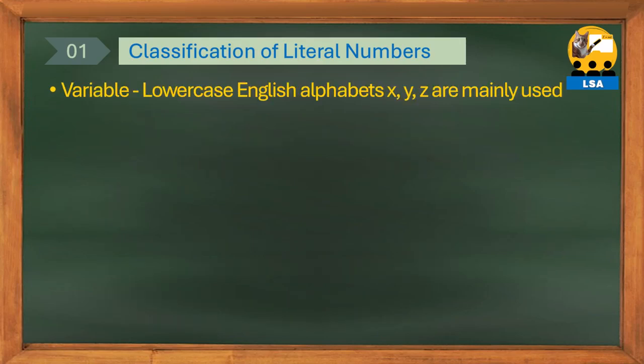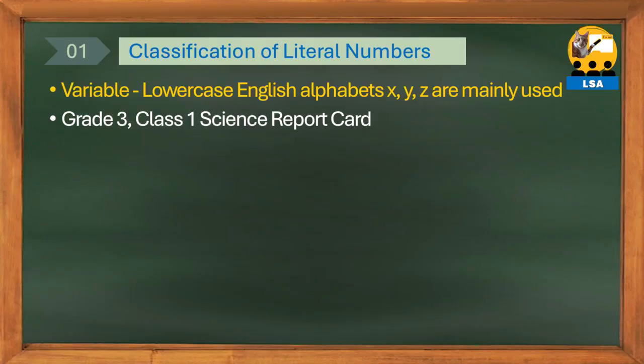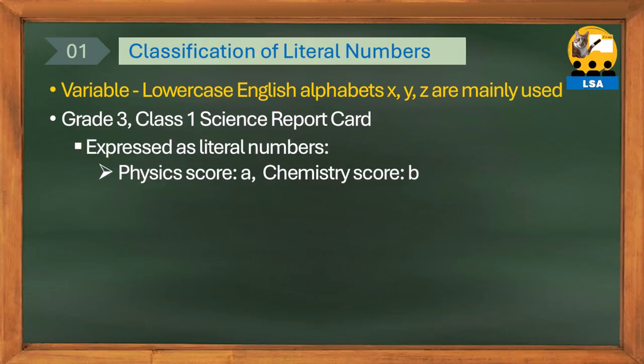Let's look at an example. Science report card of grade 3, class 1 is expressed as literal numbers, and A expresses the physics score and B expresses the chemistry score, then the literal numbers A and B do not have a determined value until a specific student is chosen.